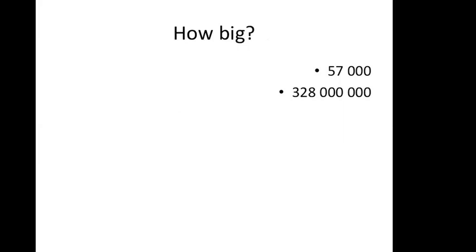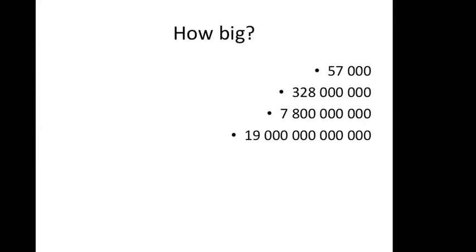But of course, more people would be the number of people on the planet. And so now we're talking 7.8 billion. That's a pretty big number. And then our national debt is in the trillions. So this is $19 trillion. Those are really, really big numbers, unimaginably big numbers.